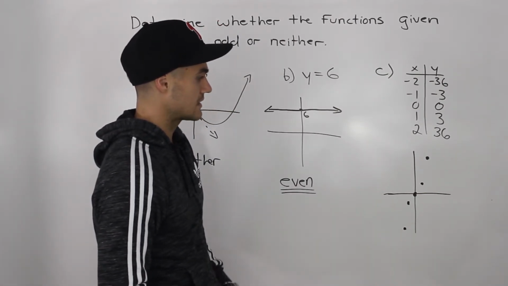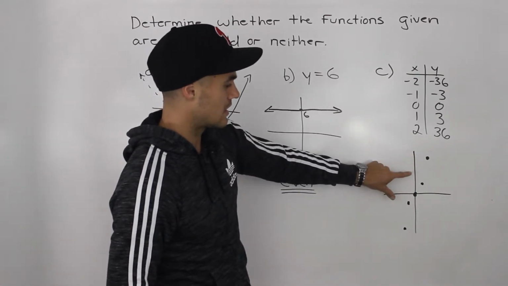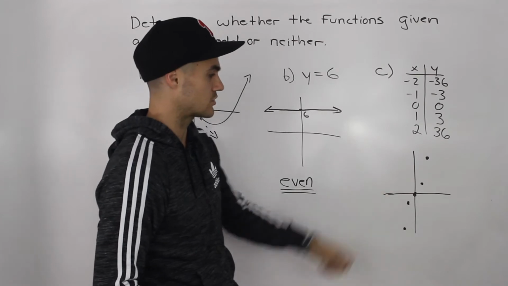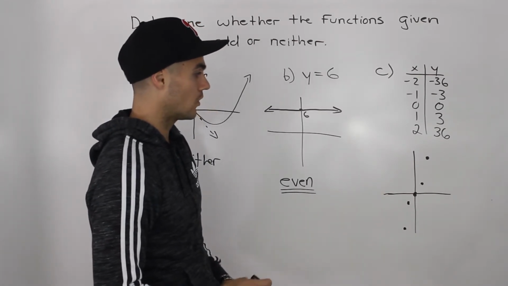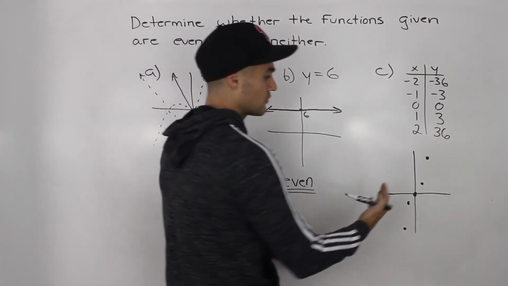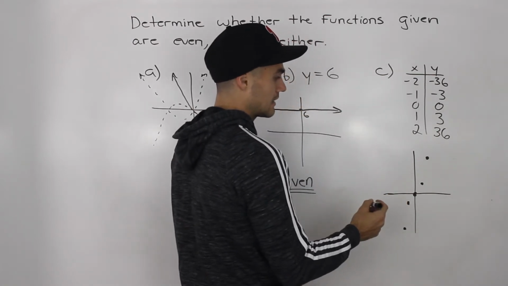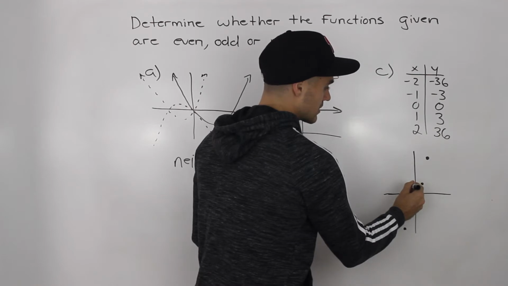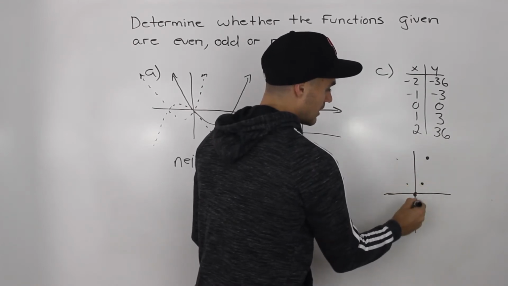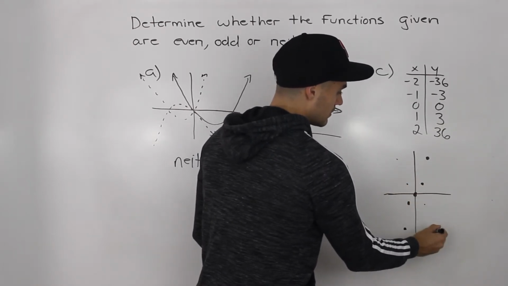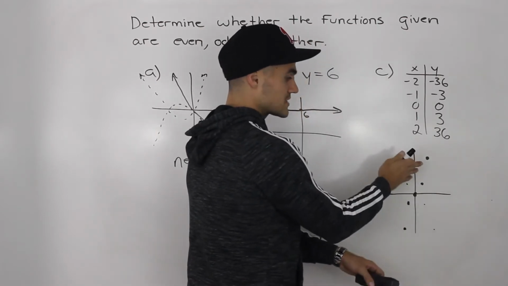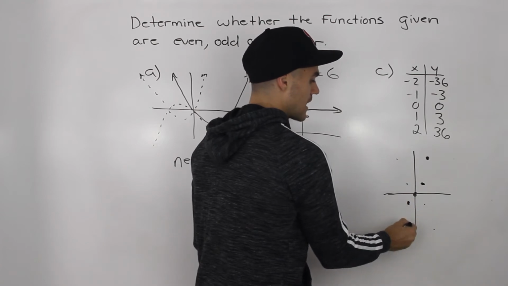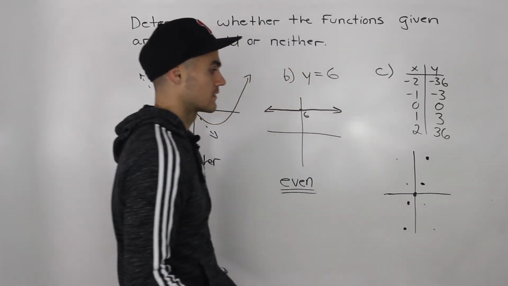And notice that these points are rotationally symmetrical about the origin. Or another way to look at it is if we reflect these points in the y-axis, they're going to end up over here, and these points are going to end up over here, and then if we reflect those points again in the x-axis, we end up with the original points that we had at the beginning.